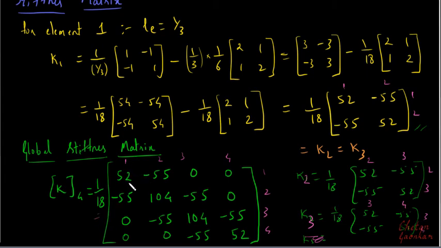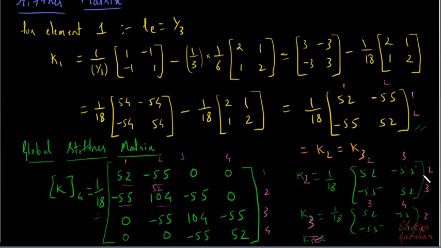Now here in this place, 1 2 and 1 2, that is this term, this term, this term and this term, I have 1 2 and 1 2. So this will be 52, minus 55, minus 55, and this will be 52. And then I have here the element level stiffness matrix for element 2 as this.